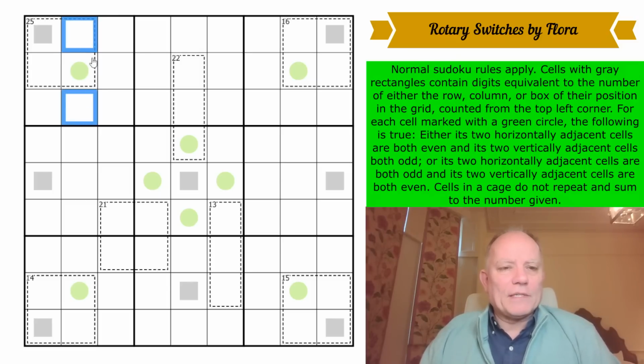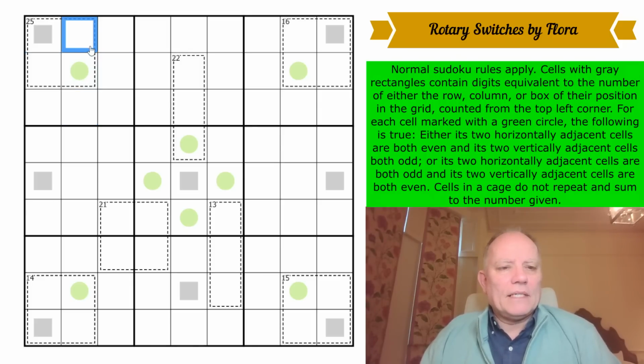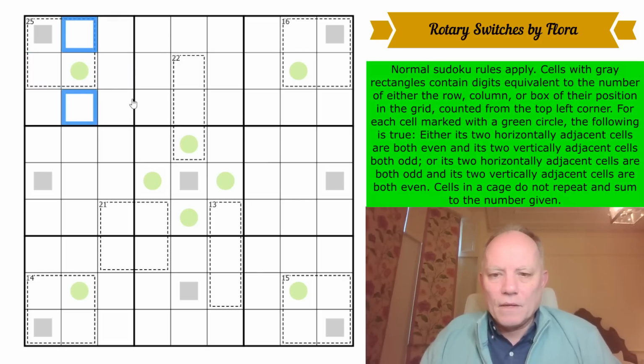I mean, there would be various ways of expressing this rule, but I think that does make it clear that these cells, if you go round, will alternate in parity. That's one way of saying it. But anyway, it's an interesting rule. I've not seen this before. So either those are both even and those are both odd, or these are both even and those are both odd. Round, that's from a green circle looking horizontally and vertically.